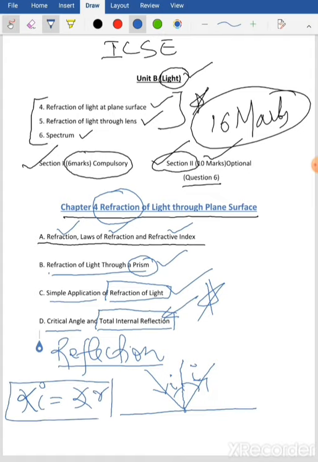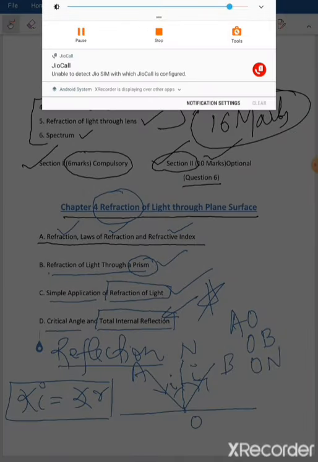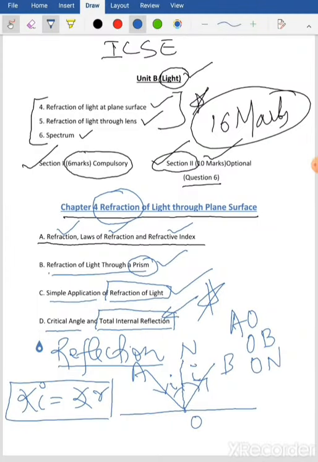And the other law was that the incident ray, suppose this is A, O, B, and N. So here AO is the incident ray, the reflected ray is OB, and the normal is ON, and they all lie on the same plane at the same point, that is the point of incidence.